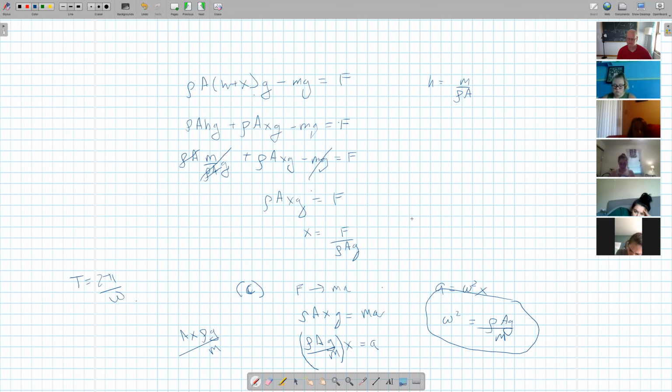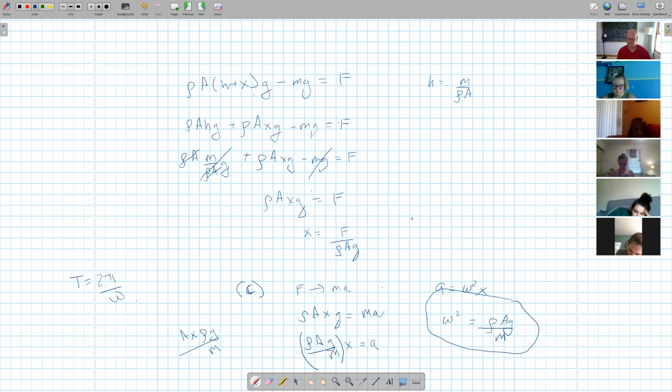For some reason though, how does it go from A times rho times G over M to M over rho times? Oh, because the omega here is on the bottom. So here, this is omega, which means omega is equal to the square root of rho A G over M. But now when I bring it over here, I have to invert that.